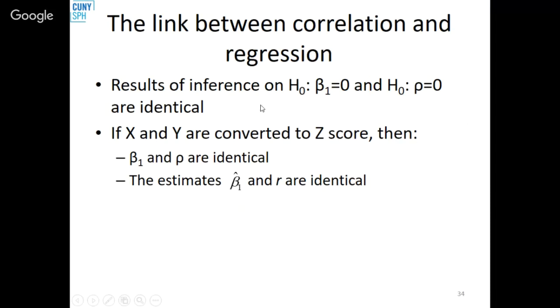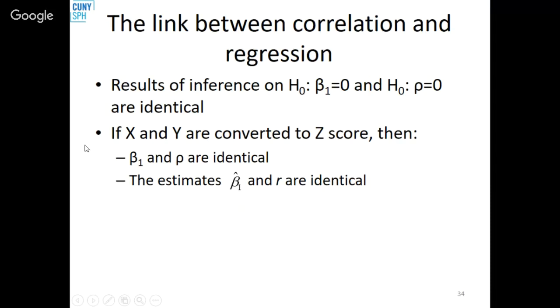Whether you scale your variables and then do your regression, whether you use that formula for doing the t-test on rho, or do a linear regression, the results of the inference are the same: the p-values, and when you reject and when you accept the null hypothesis, are the same.